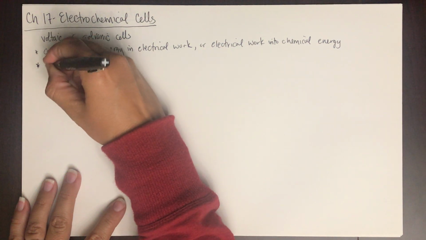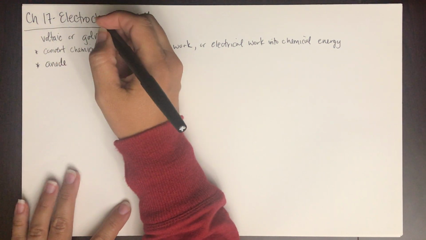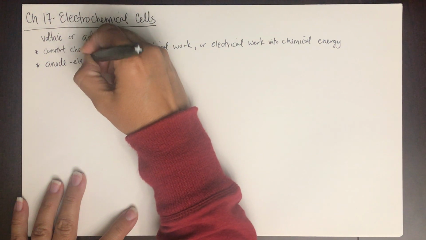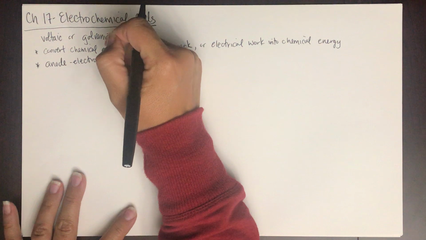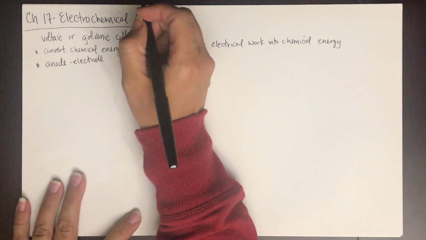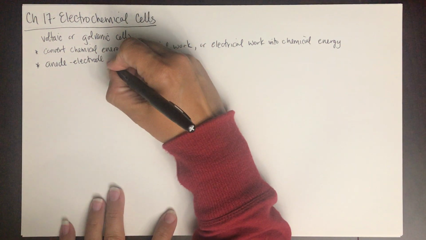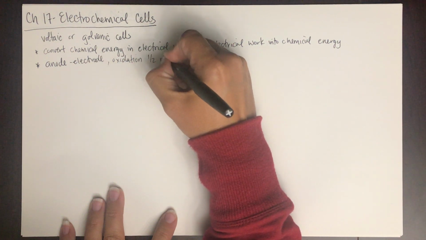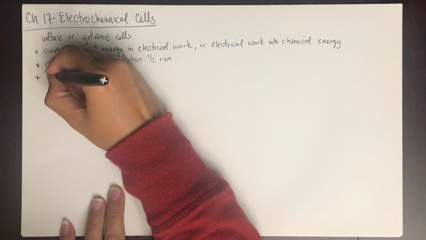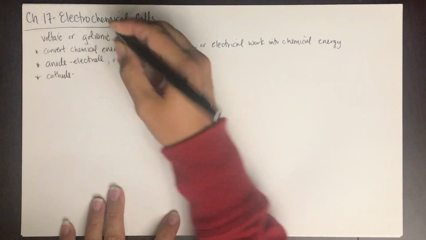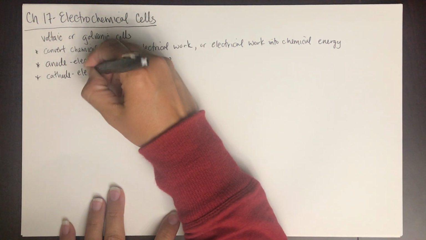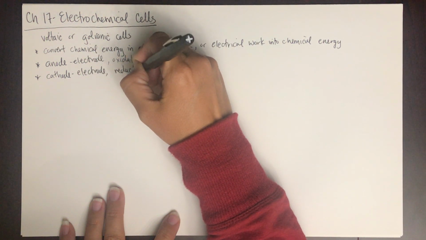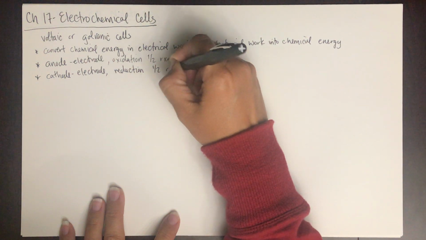The first is called the anode, and the anode is the electrode where the oxidation half reaction happens. Then there's the cathode, which is also an electrode, where the reduction half reaction happens.